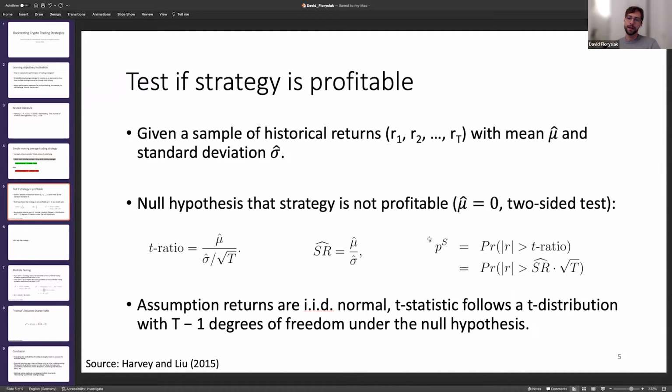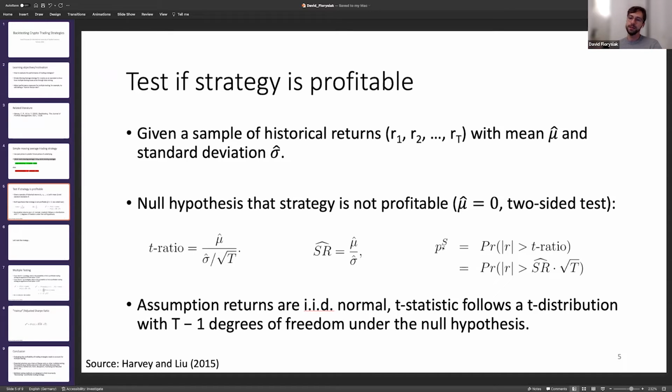So how do we evaluate the trading strategy? If we are able to reject the null hypothesis of the trading strategy not being profitable, then we would conclude that we have potentially a profitable trading strategy.